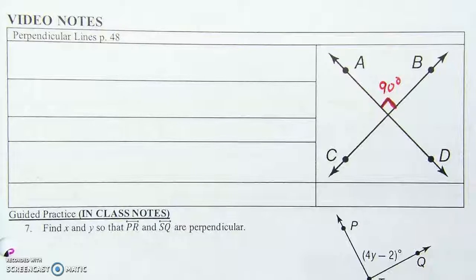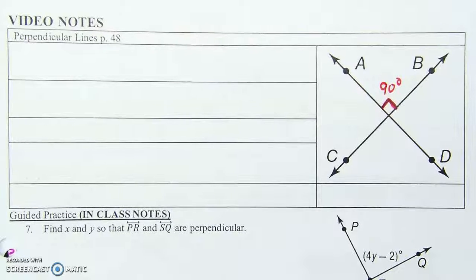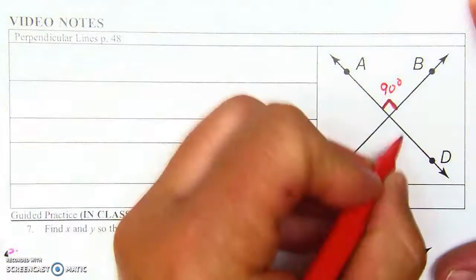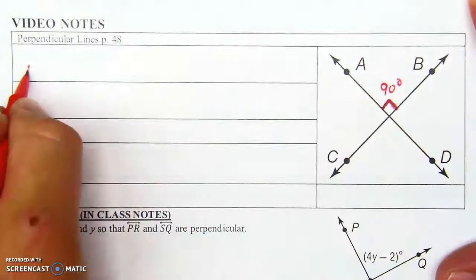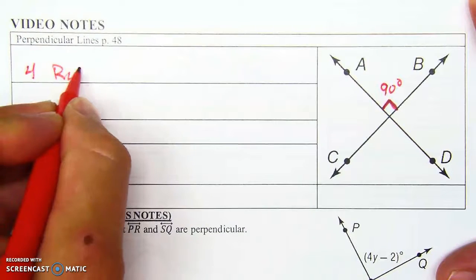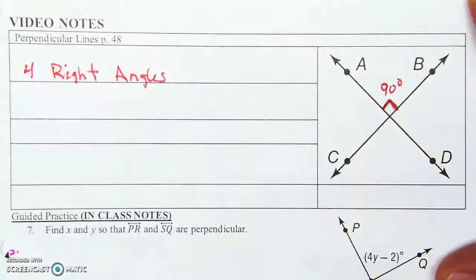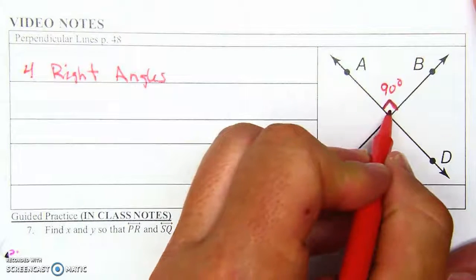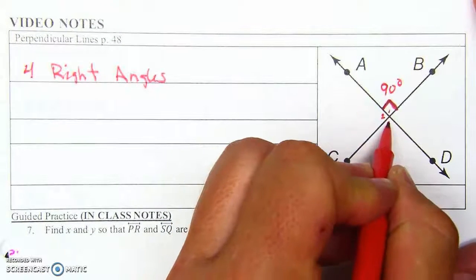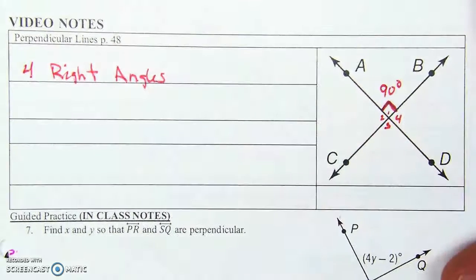The rule is, and it says in the book here, perpendicular lines intersect to form 4 right angles. So when we have 2 lines that intersect, they have 4 right angles. Okay, this is 1, this is 2, this is 3, and that is number 4.